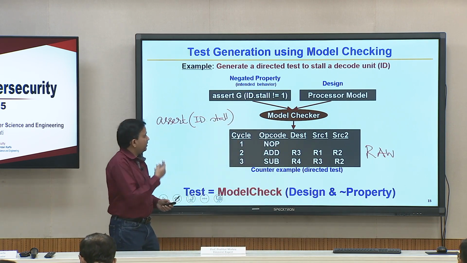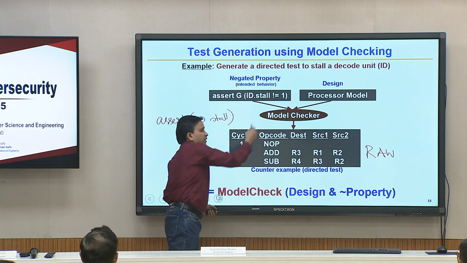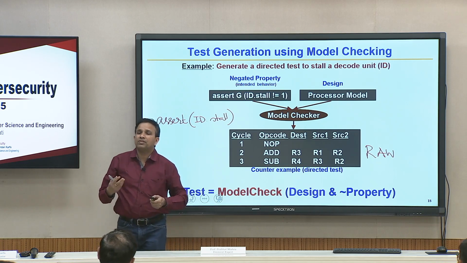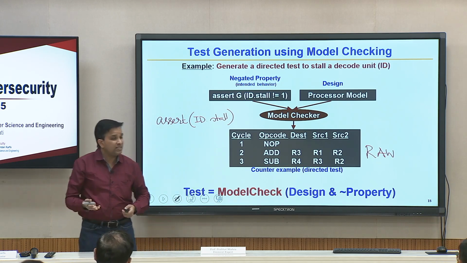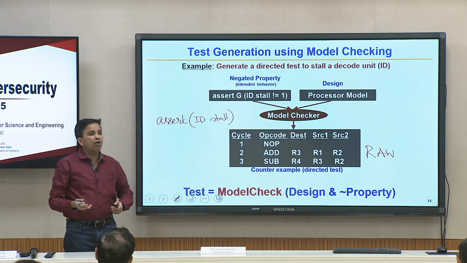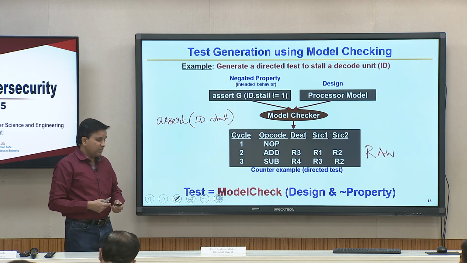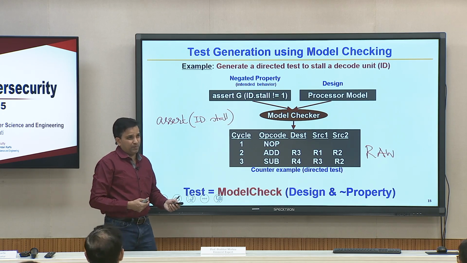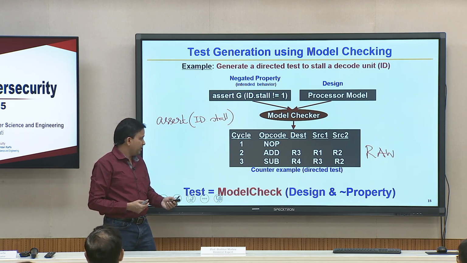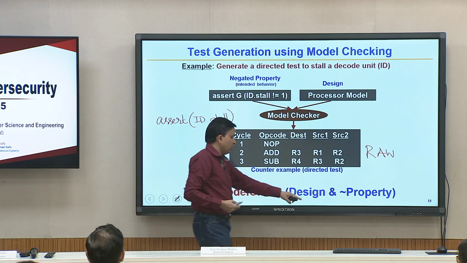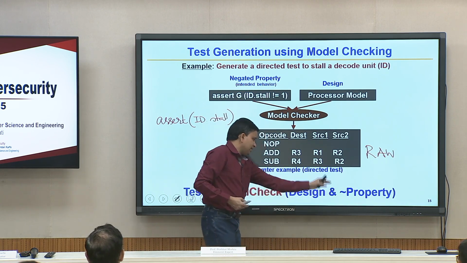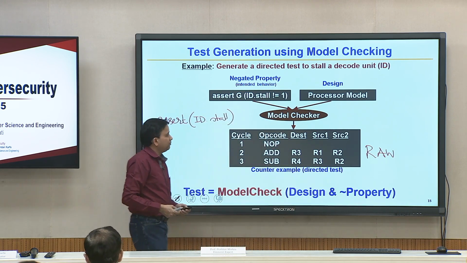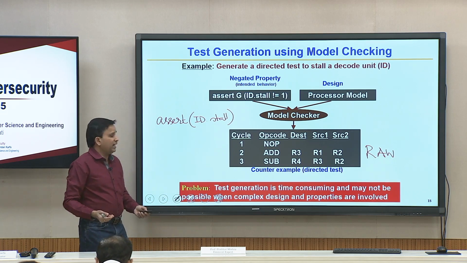Only problem is that because it is using a model checker, whether based on binary decision diagrams, as we talked about in the morning, or bounded model checking based on satisfiability, all can lead to state space explosion when your design is complex, or the property is complex, or their intersection is complex enough, which is pretty much true for any large design.